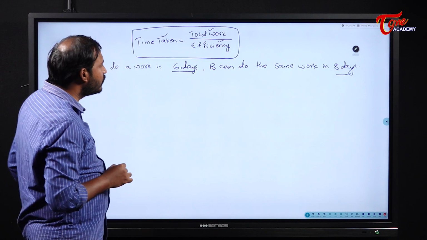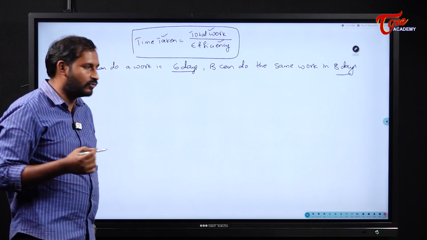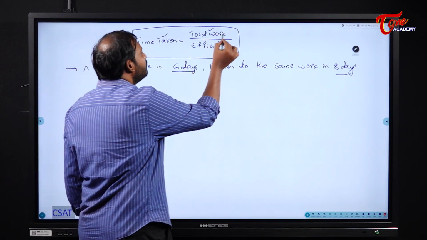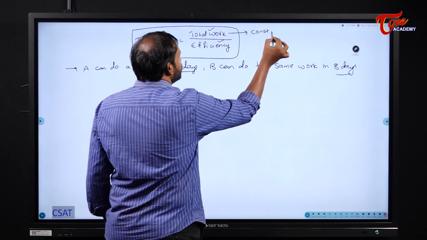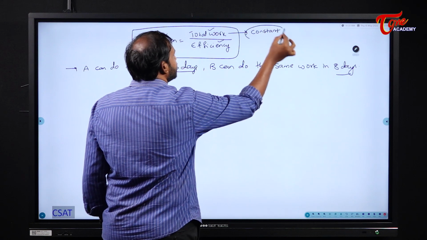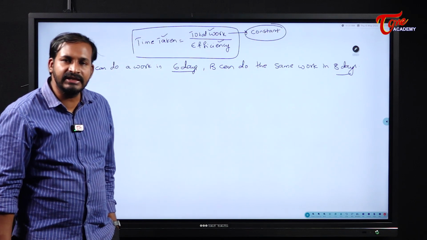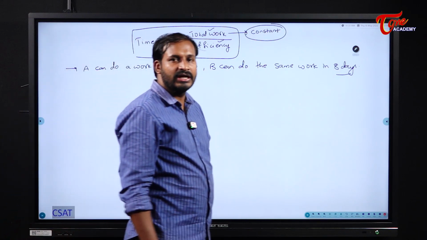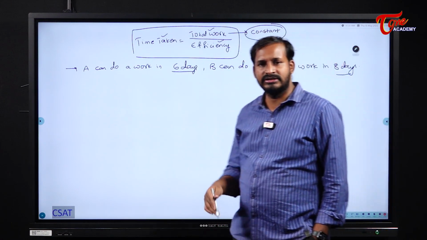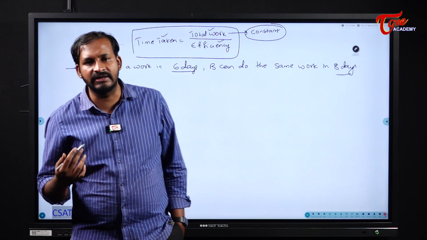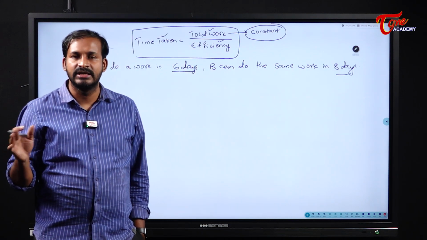But there is one more method to find the total work. See here, students, what is this total work? It is a constant, right? That means you can assume anything as total work. Let us assume building 10 walls, 20 walls, 30 walls, anything you can assume as total work.